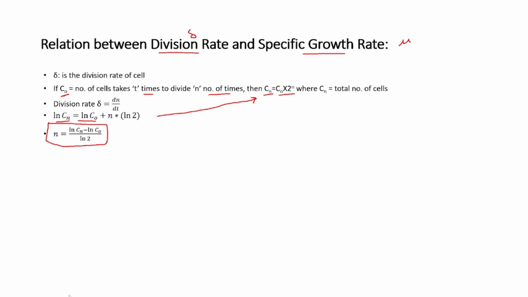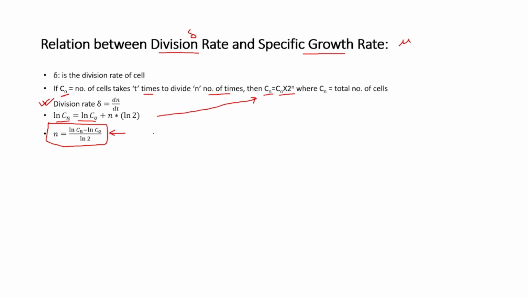Now, you remember that the division rate is actually the rate of change of the number of times the cell is divided. Okay, so this is the final expression for n. Now if we differentiate this expression with respect to time, what will happen?